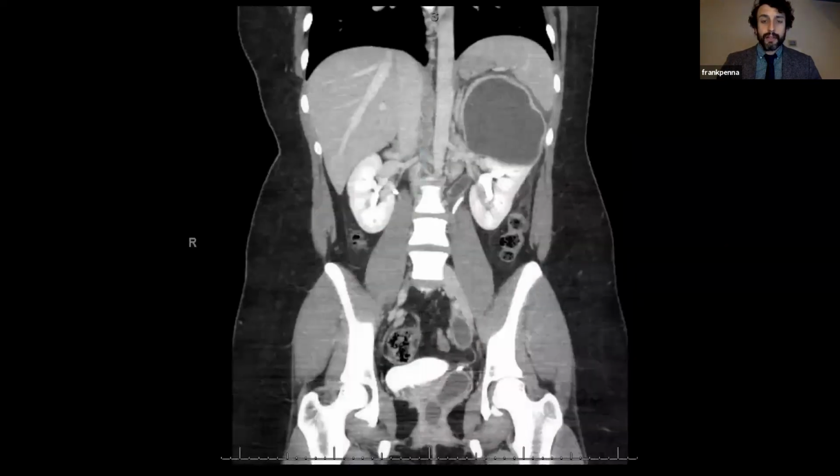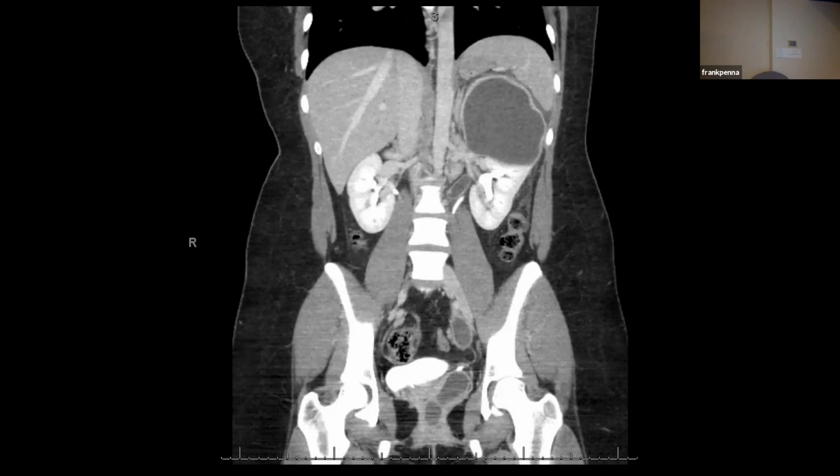And this is just a nice CAT scan of a girl I operated on in New Hampshire when I was up there. This is a coronal view of her CAT scan. The left kidney you can see, all of that black area is her upper pole, which is incredibly dilated.